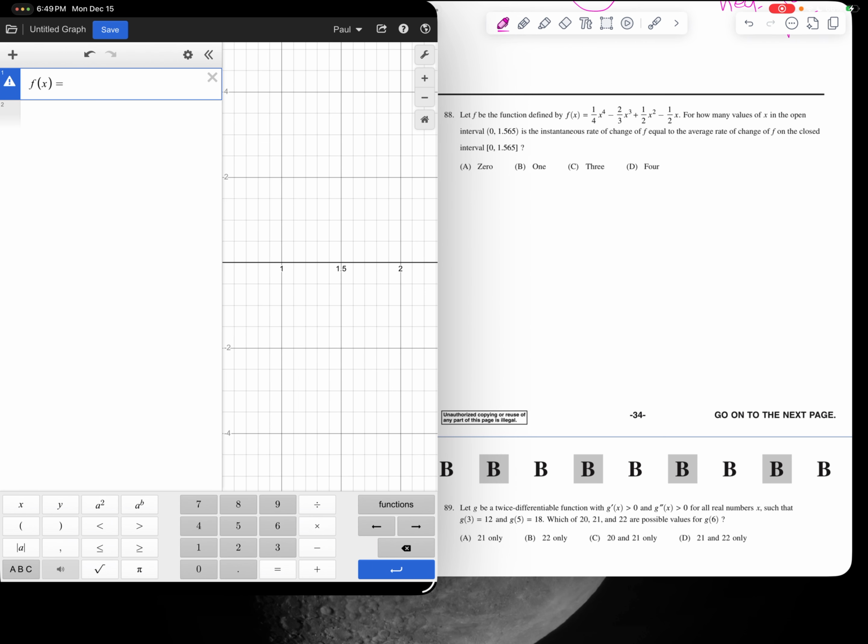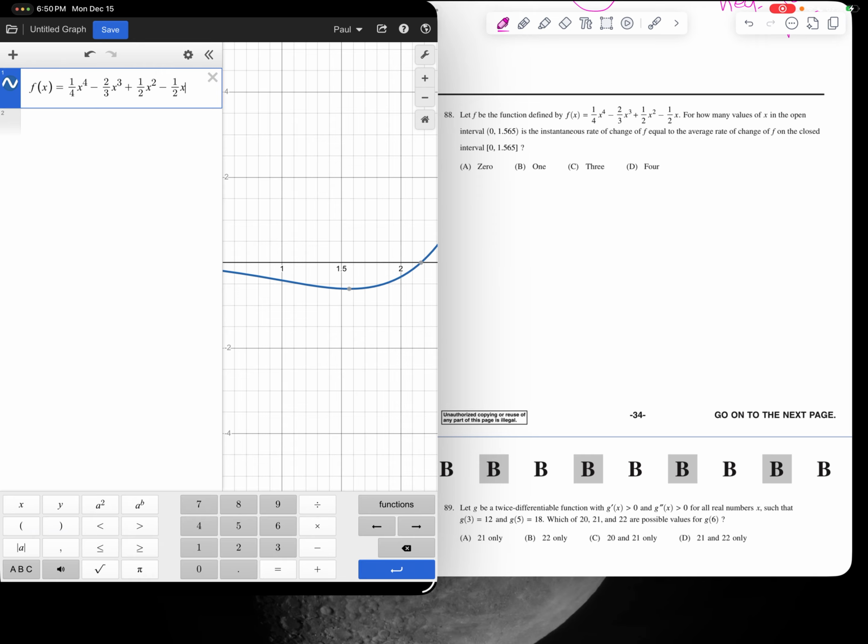This will take me a moment, especially if I keep missing the division sign. 1/4 x to the 4th minus 2/3 x cubed plus 1/2 x squared minus 1/2 x. Taking a moment to double check that I have graphed that mostly correctly.